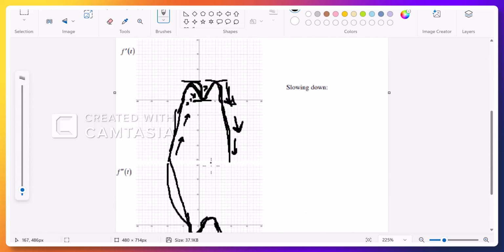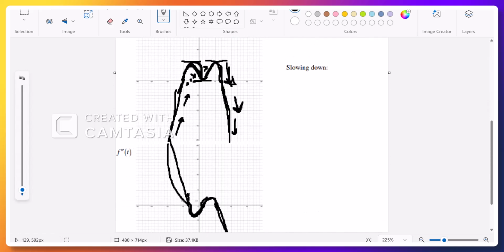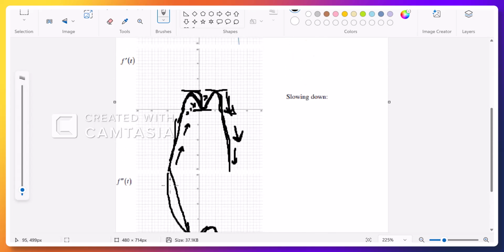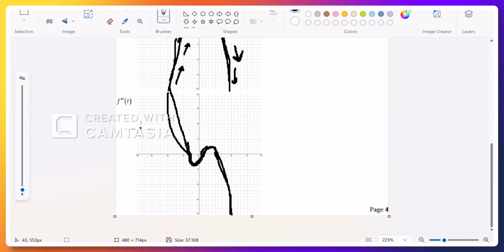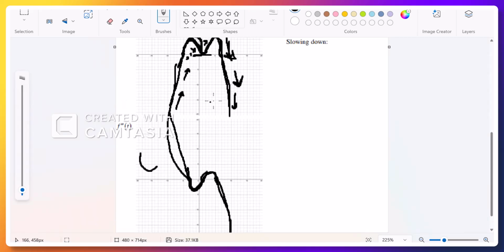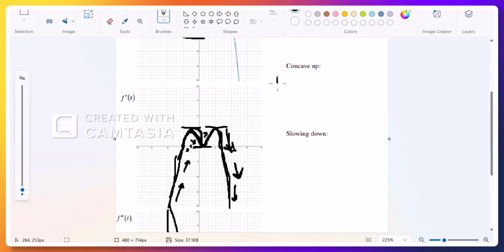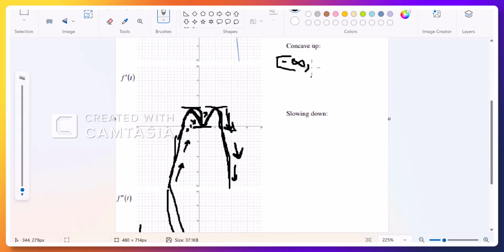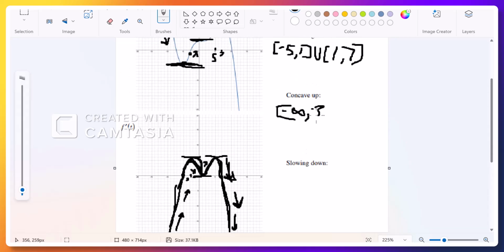At first it's at its highest point, and then it goes into the negative slope, which means that the f double prime is changing sides. So this goes down into -3. That means it's changing and it's going to a concave up. So it's kind of again like that, a concave up.